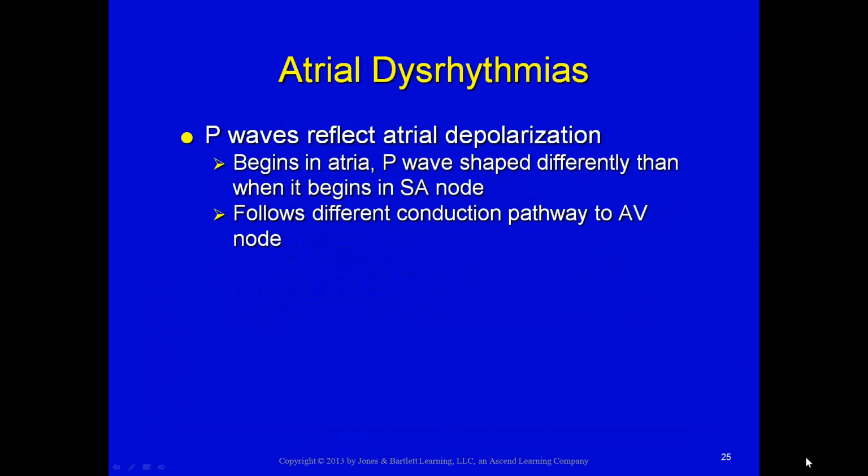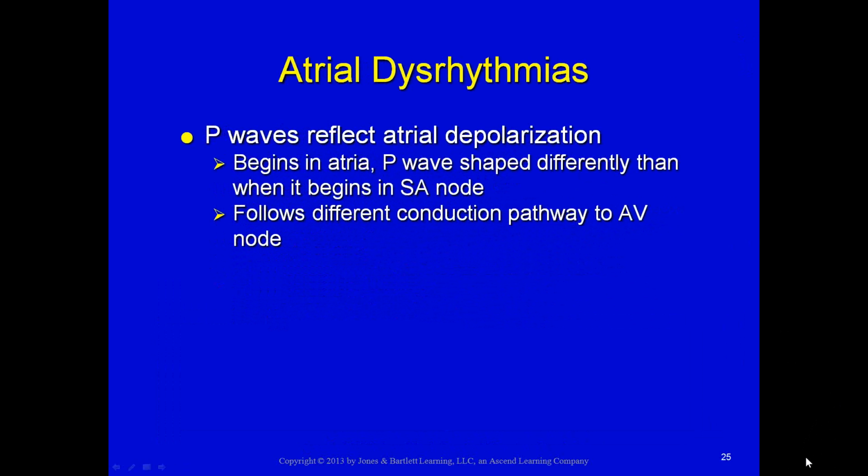But something to keep in mind is that if the SA node chooses not to fire or is slow in firing, any cell outside that conduction network could initiate a spark by itself and cause a depolarization of the atrium.